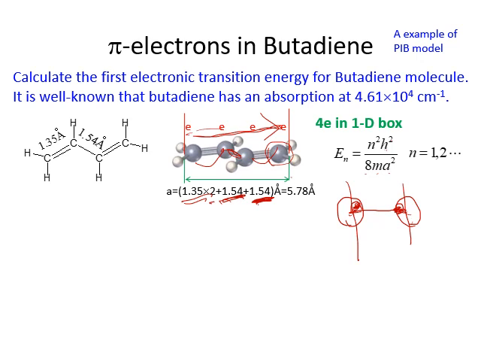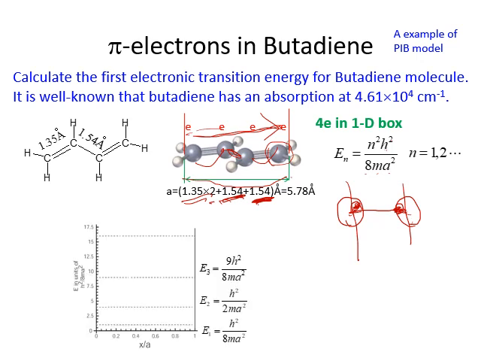In different cases, the question may give you a different way to calculate this box, so you should pay attention to the instructions. If we draw the energy diagram, this is when n equals 1, so according to this equation it is 1 h squared.